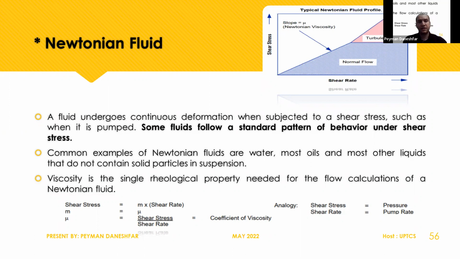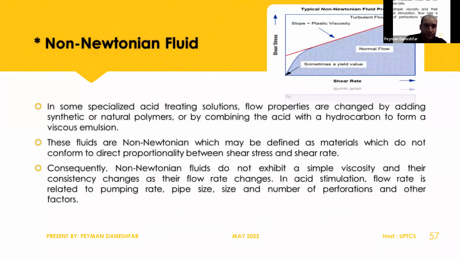One famous example is water, and most oils or liquids are Newtonian fluids. Another type is the non-Newtonian fluid. It means it doesn't follow the shear stress pattern, as with the VDA. VDA is a non-Newtonian fluid.